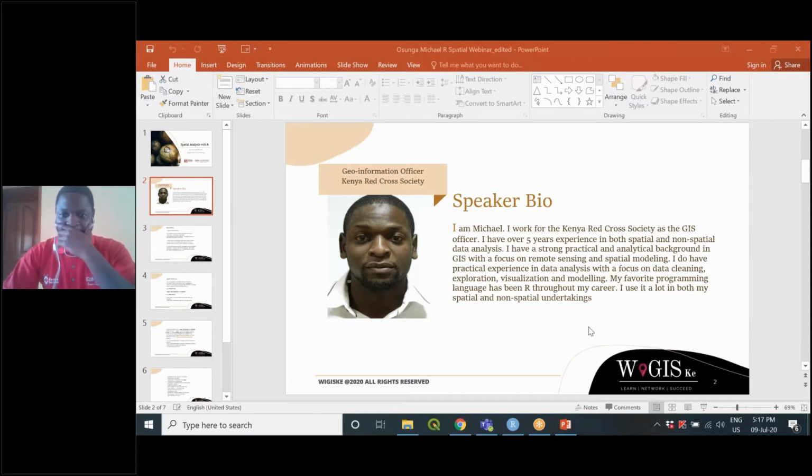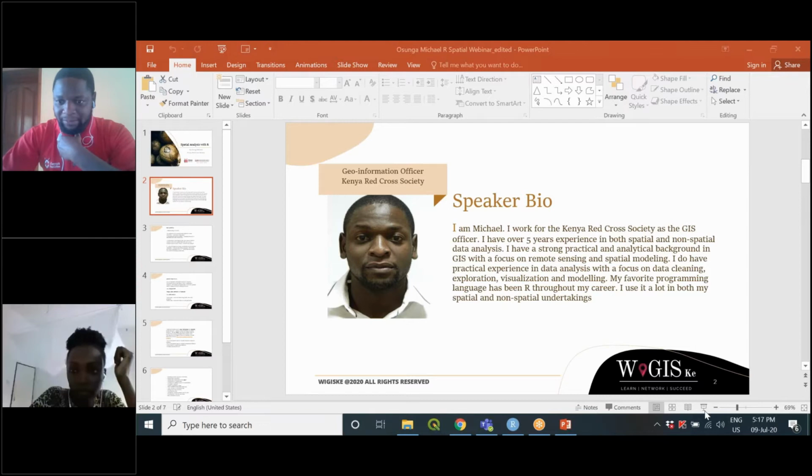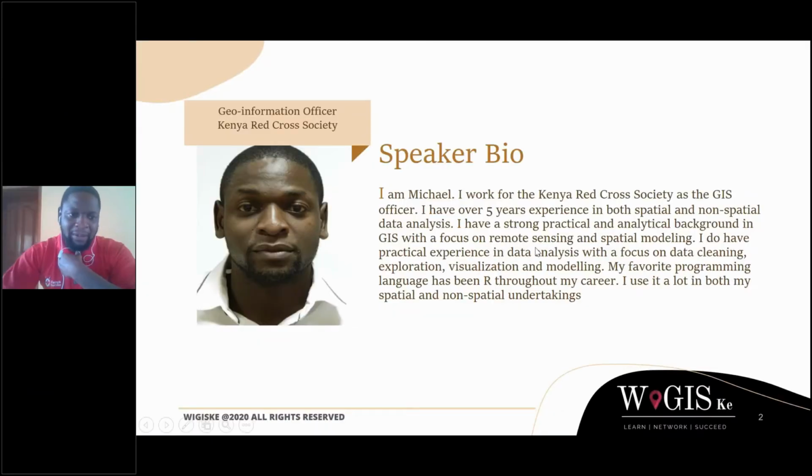So like I was saying, the International Center for Humanitarian Affairs is the research arm of the Kenya Red Cross Society. You can basically expand it just a bit so that you can see clearly.